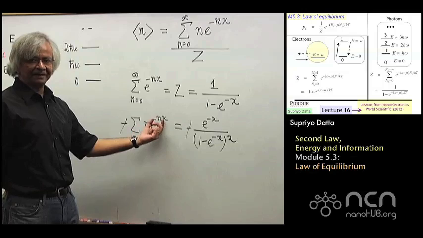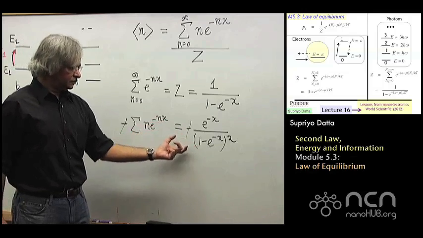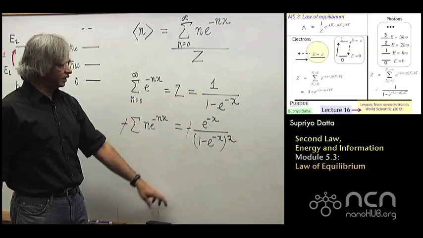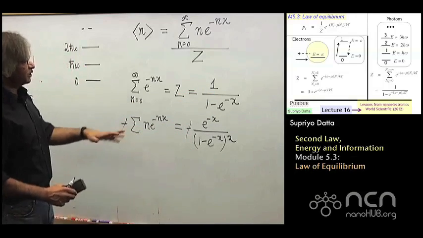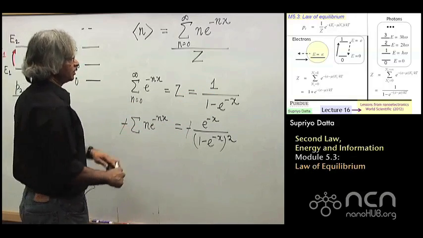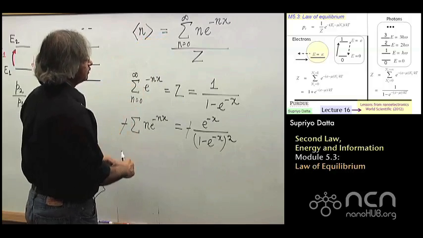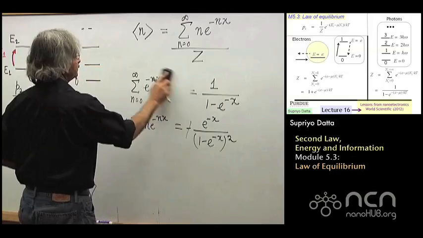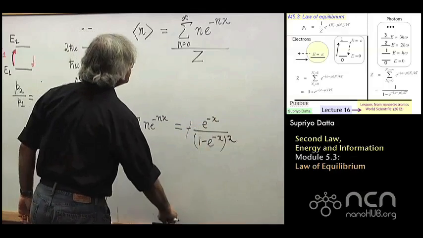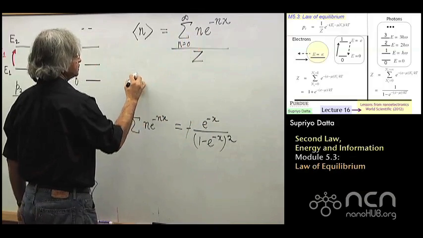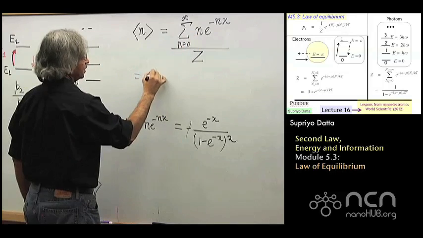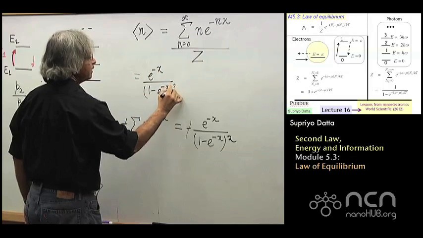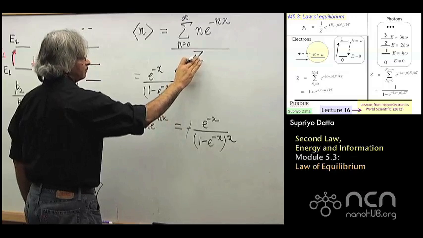So you see this summation of n e to the power minus nx is given by just the derivative of that, essentially, with the minus sign taken off. So now it's quite easy to evaluate what we were trying to do. We have the expression for the numerator, which is e to the power minus x divided by 1 minus e to the power minus x squared, and divided by z.